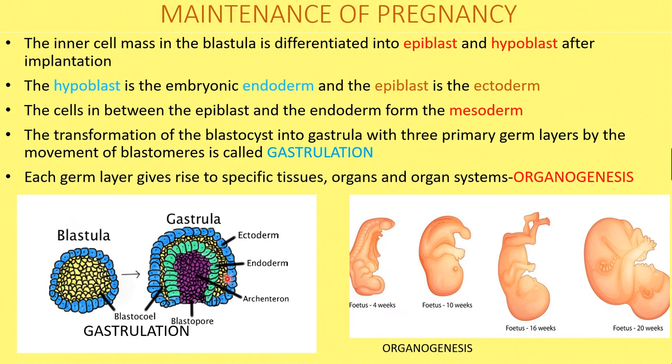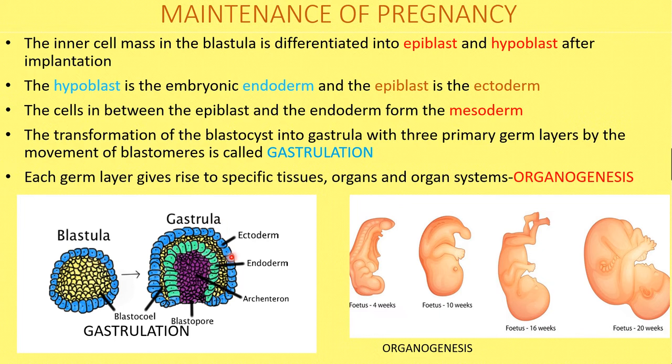So the cells which are present in between the epiblast and hypoblast develop into what is called mesoderm. So epiblast develops into ectoderm, hypoblast, green color, develops into endoderm, and in between these two, the mesodermal cells develop. Okay, so this is the transformation of the blastocyst into the gastrula.